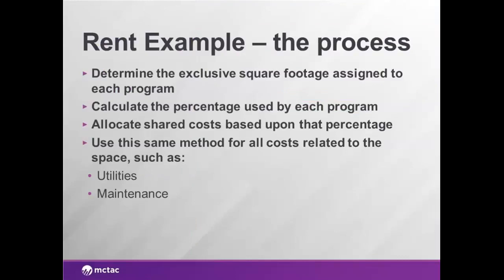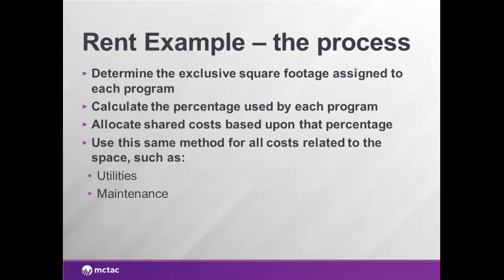You may have shared space, but what we're going to do is go in and count the exclusive square footage that each program uses. We're going to calculate the percentage used by each program. We'll allocate the shared cost based upon the percentage, and then we'll use this method for all costs related to the space, such as utilities and maintenance.